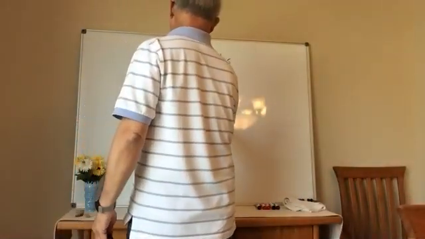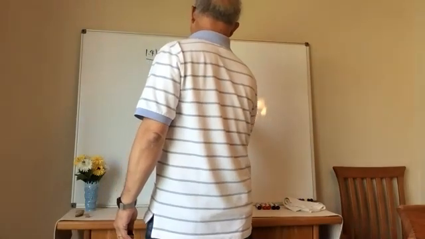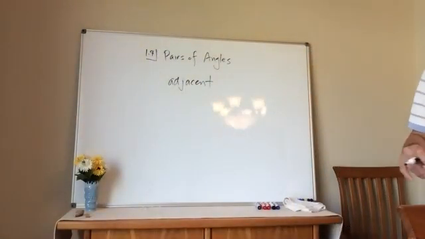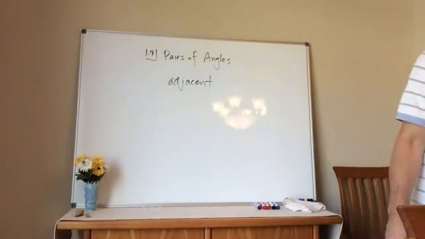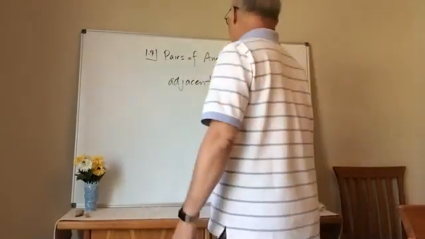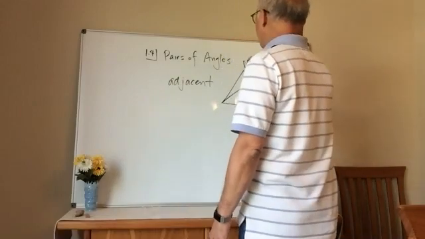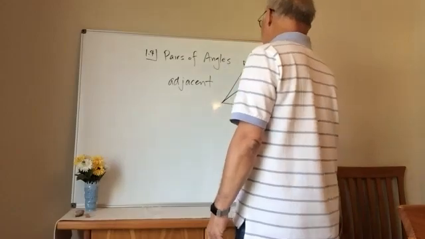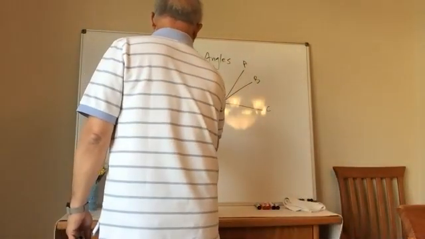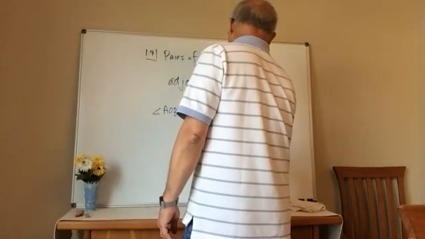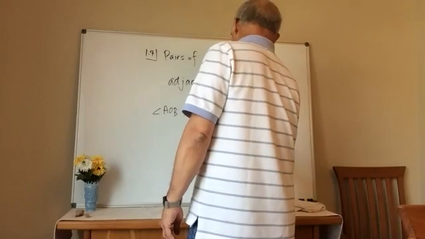Adjacent angles. Does anybody know what adjacent means? Adjacent means that it's right next to each other. So if I had two angles, like A, B, C, I can say that angle AOB is adjacent to angle BOC.